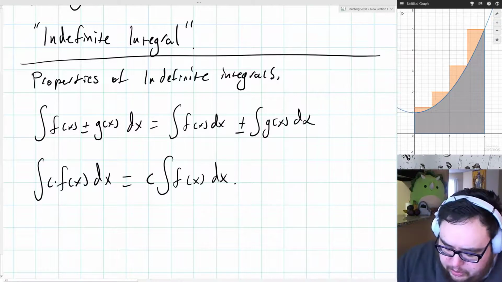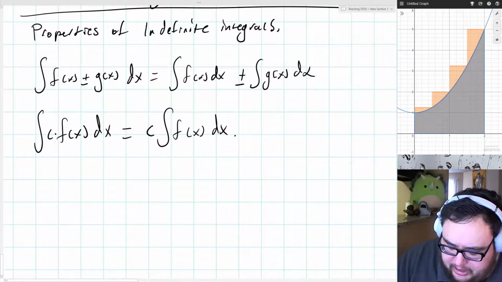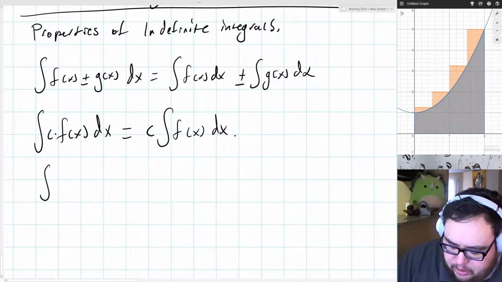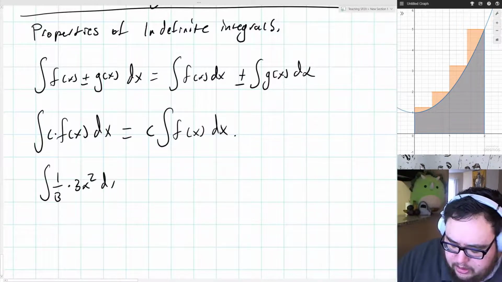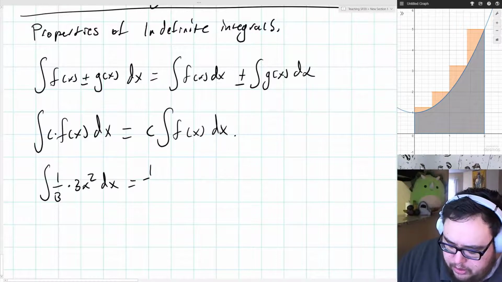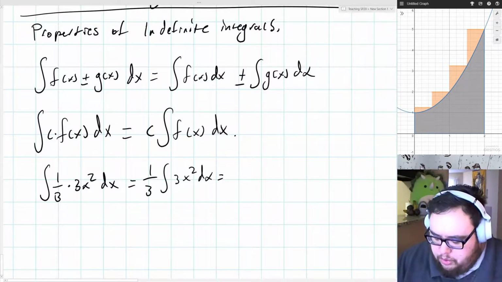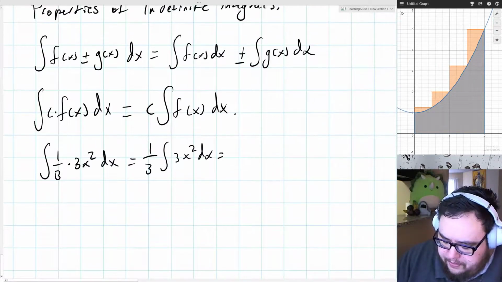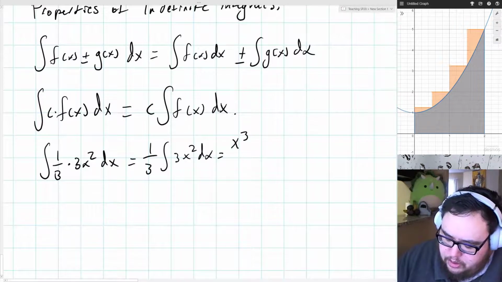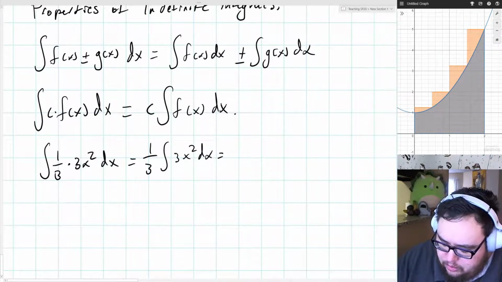So in particular, what this means is that if we're taking the integral of 1/3 times 3x squared dx, that's equal to 1/3 times the integral of 3x squared dx, which is equal to 1/3 of x cubed plus a constant.